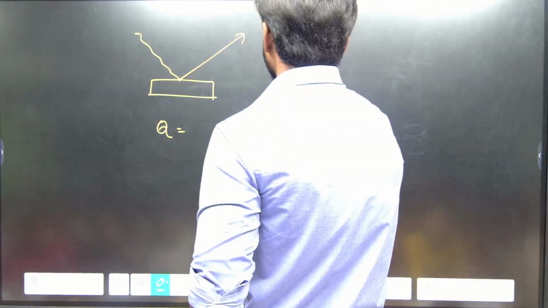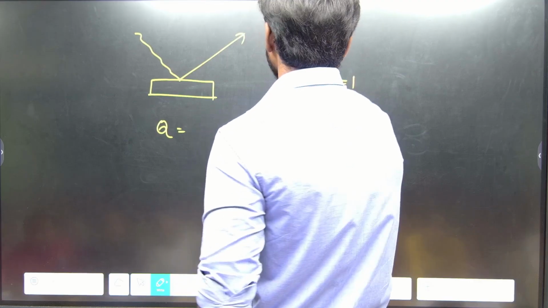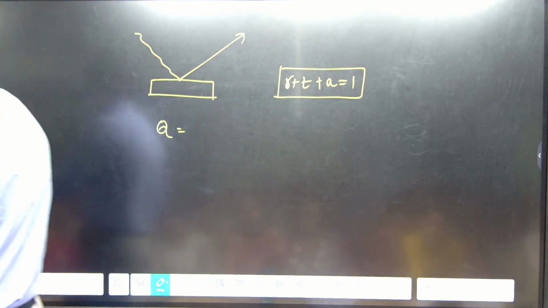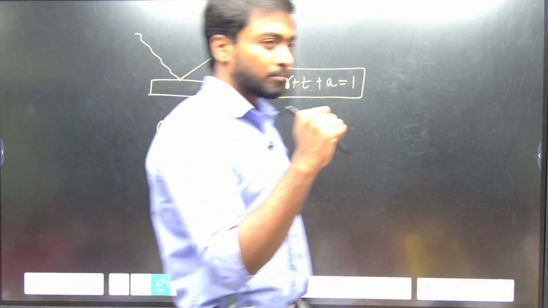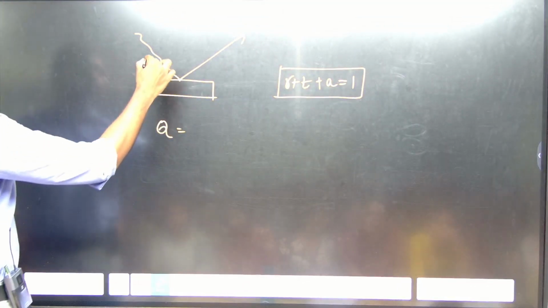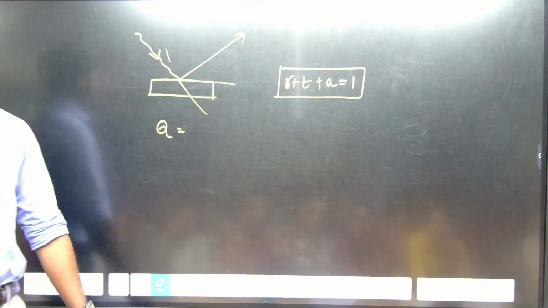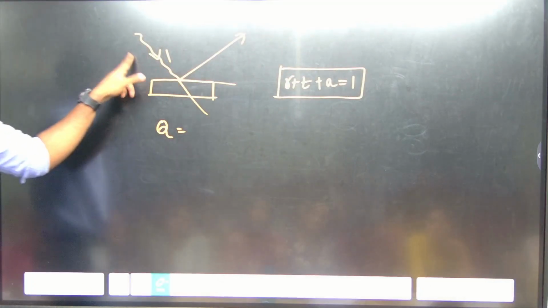So R plus T plus A will be equal to 1. The sum of radiation, transmission and absorption will be equal to 1. For example, if 1 is coming and hitting, it is split into 3 parts, so these 3 things should add up to 1 only, no?